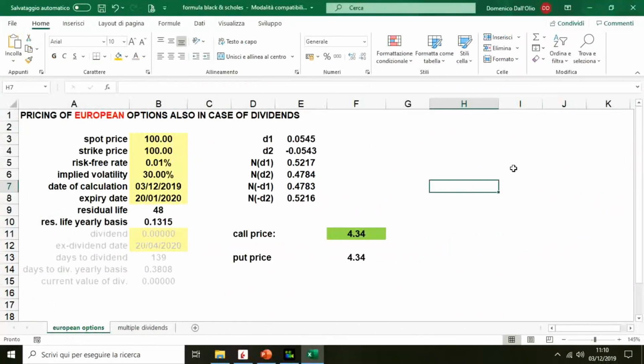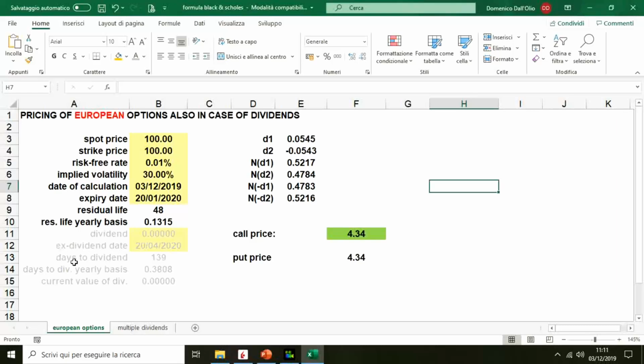Okay, here we go. In this Excel spreadsheet, I created all the fields for the calculation of the option's price according to the Black-Scholes formula. I also included the possibility to have dividends, even if I know that the calculation would not be totally coherent and correct. It was just a way to have a rough idea of what the price of an option could be, even in case of dividends.